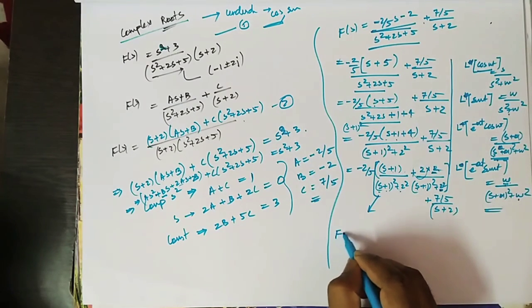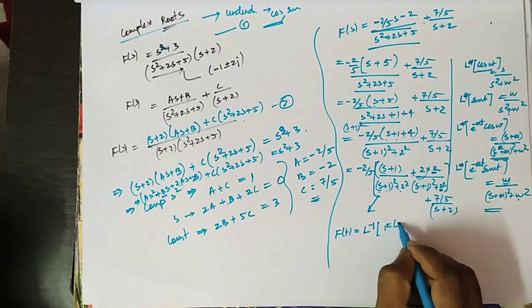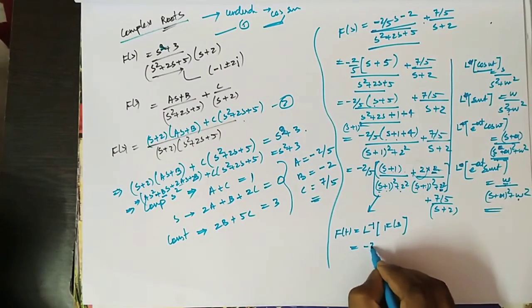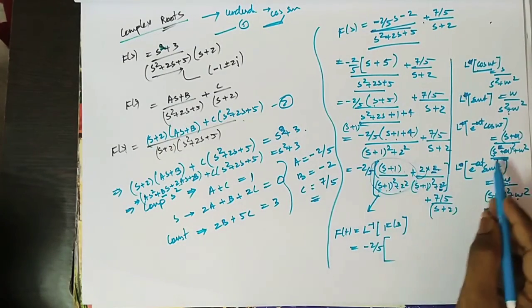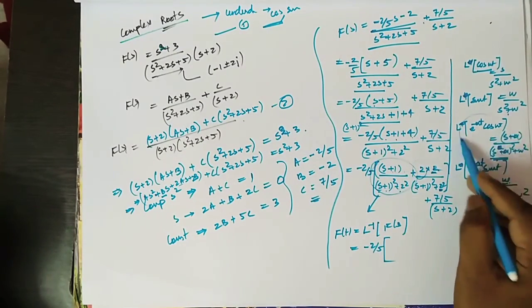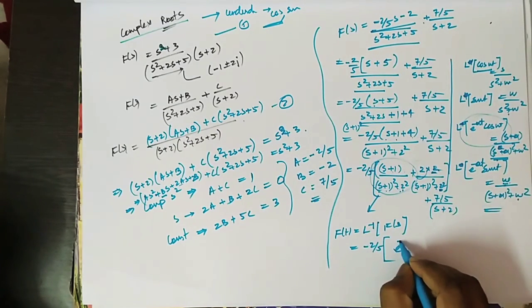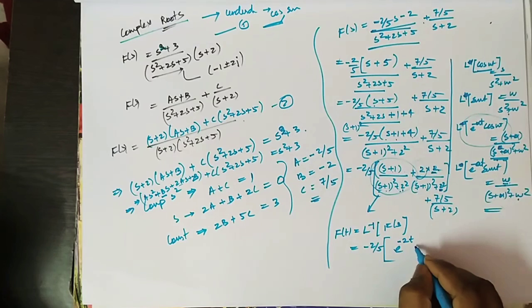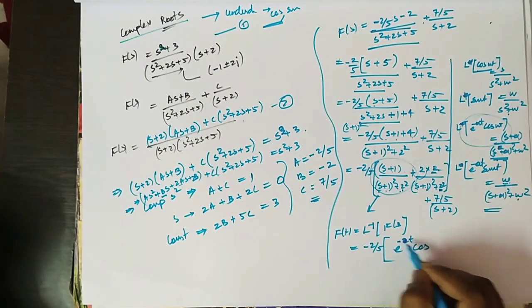So f of t equals Laplace inverse of f of s. So the constant will be like this. So this term can be represented in this form. So e power minus a t, cos of omega t.